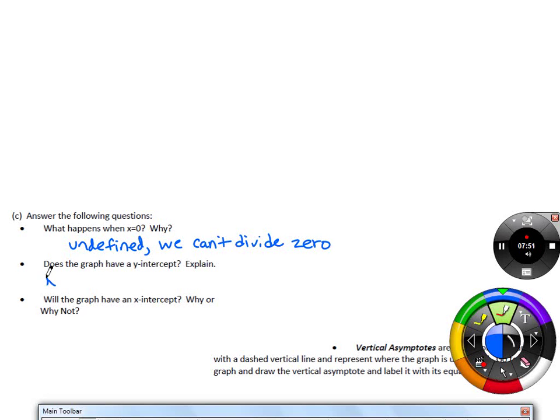No. Okay, so somebody explain to me why. Why doesn't this graph have a y-intercept? Good. Because how do you find a y-intercept? A y-intercept occurs when the x value is 0. And you just said we cannot find a value when the x value is 0. Okay? So no. And that's because the value is undefined when x is equal to 0.